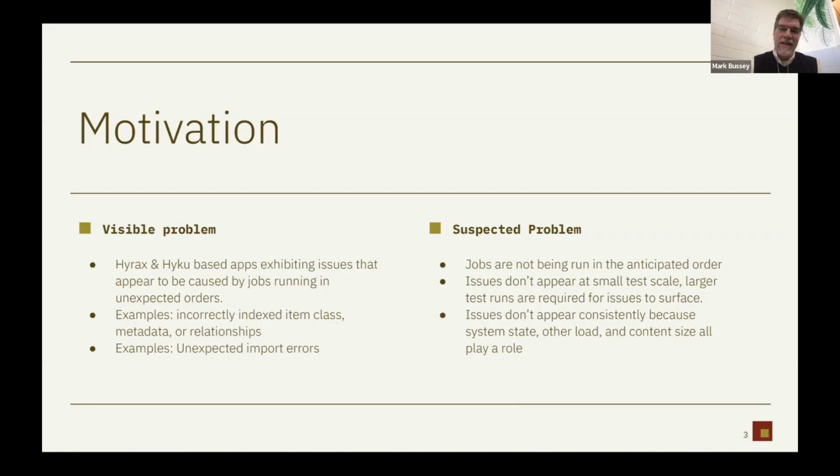So other things are hitting the database, there are interactive users and interactive updates going on at the same time you're doing large background jobs. All of those things complicate debugging and thinking about these kinds of issues.